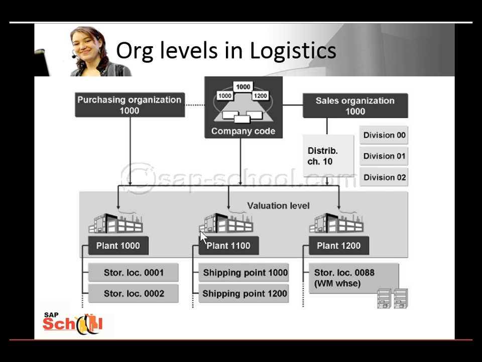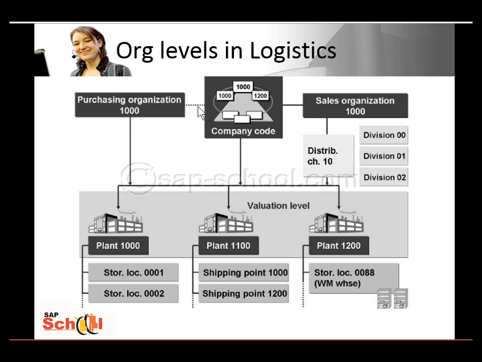So this figure shows how the organization structure of material management interacts with the org structure of sales and distribution. So purchasing organizations can be assigned to a company code, as we discussed earlier. However, you can also work with purchasing organizations that are not assigned to any company code.